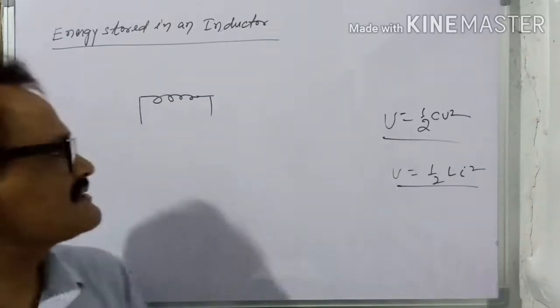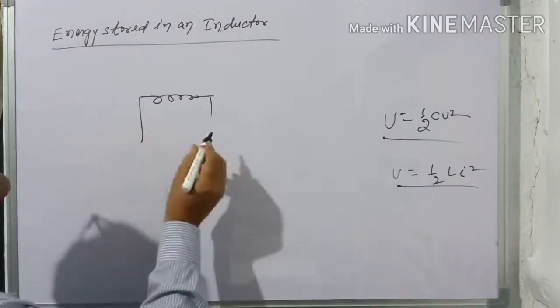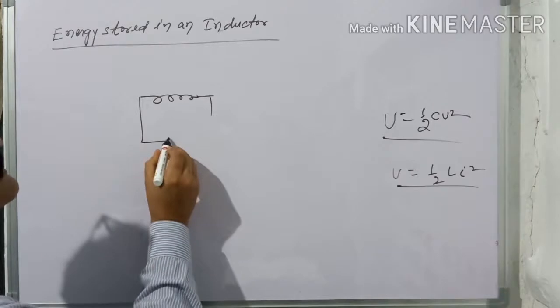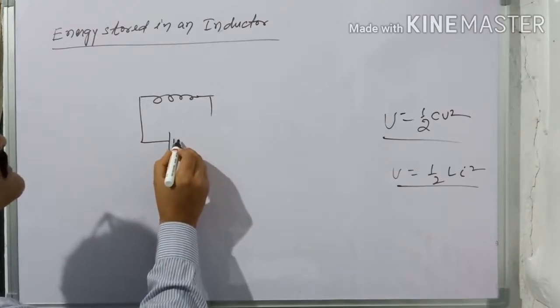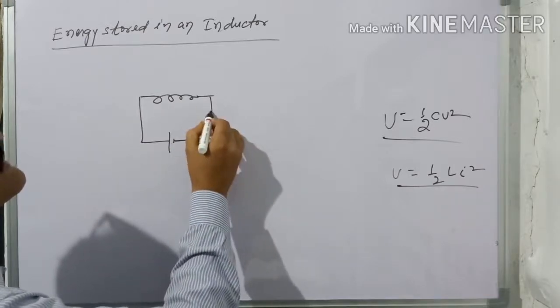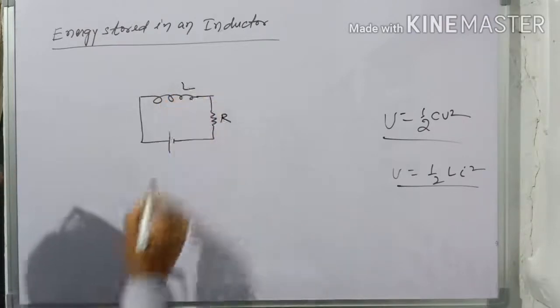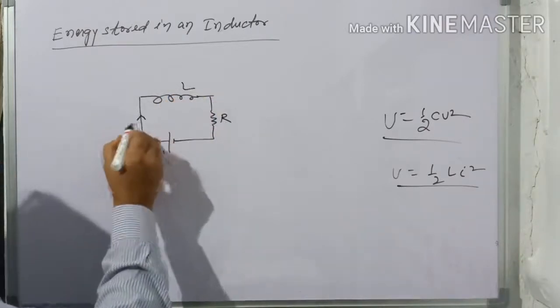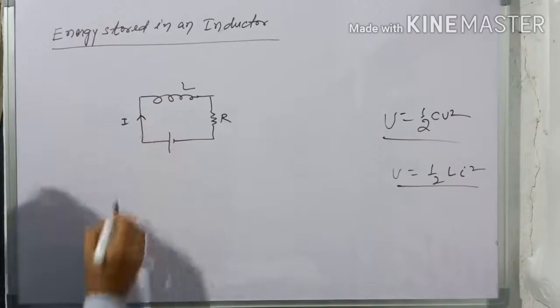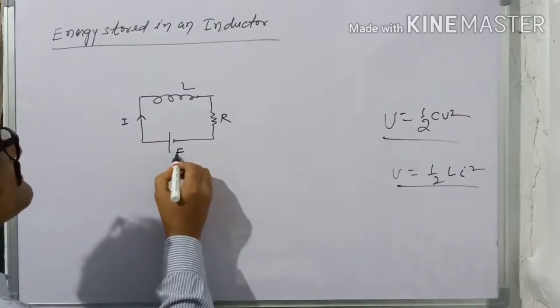For this, at first, suppose there is a battery, and you may say there is a resistance also, R and L, and I is the value of electric current at any instant, and this is the EMF.